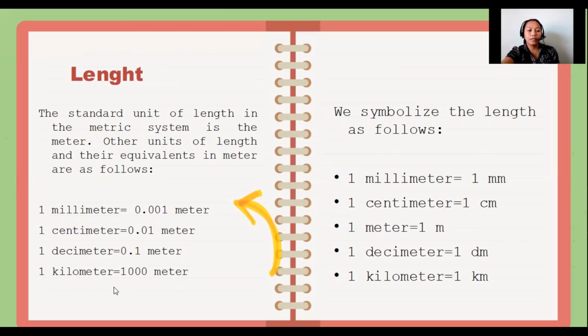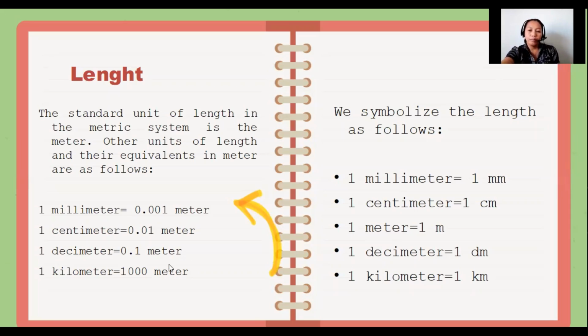From 1 kilometer to 1,000 meters. So from this decimal place 1.0, you have to move 1, 2, 3 decimal places to the right to get the conversion of kilometer to meter.